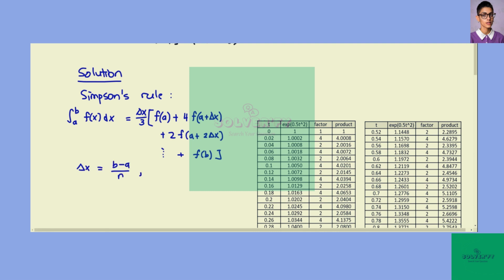The factors 4 and 2 just alternate. It allows us to approximate the value of the definite integral.